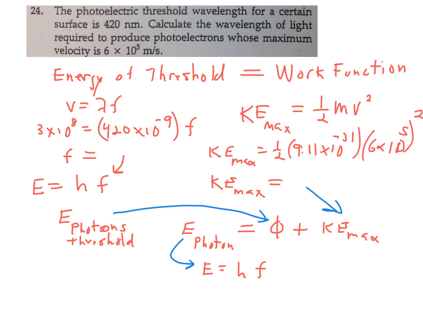And once you have the frequency of those photons, then you would use the final equation, v equals lambda f. You would take that frequency you just calculated and plug it in here, and plug in the velocity of light, 3 times 10 to the 8th meters per second, for the photons, to get the wavelength of the photons that are producing these electrons.